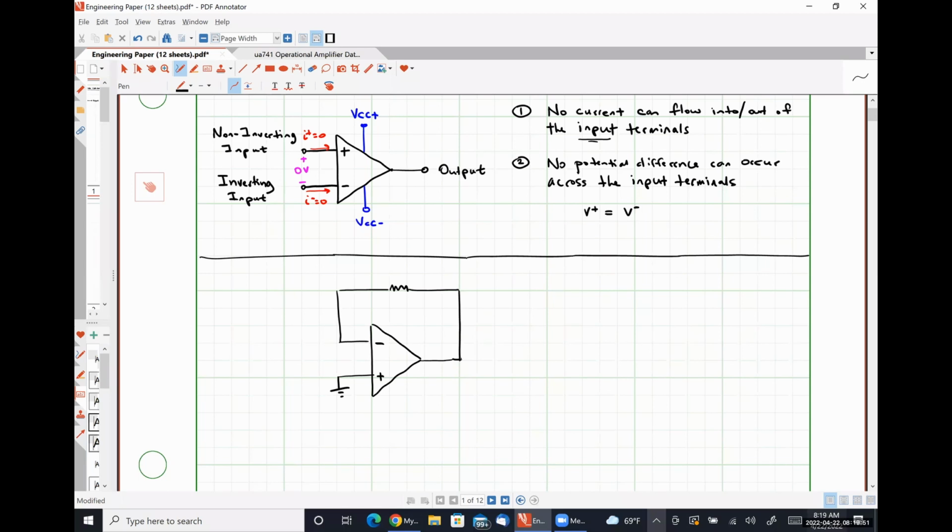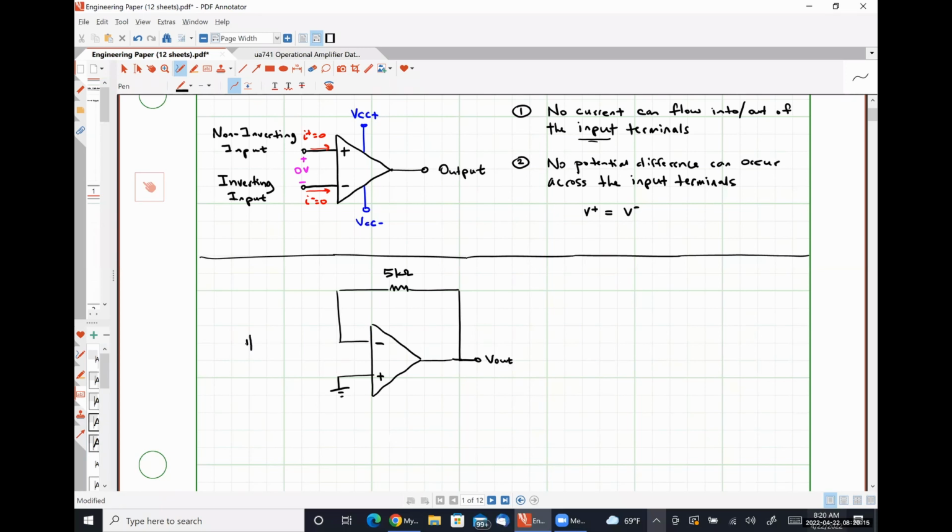I'm going to place a 5 kilo ohm resistor here, connecting the inverting input terminal node to the output terminal node. Here's my output.